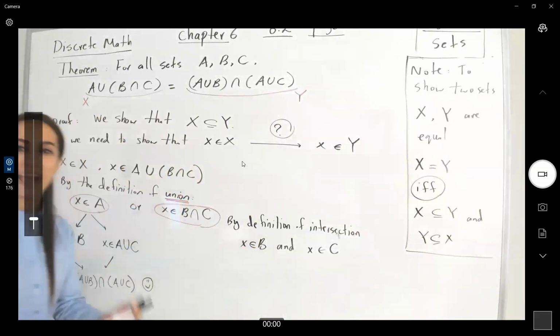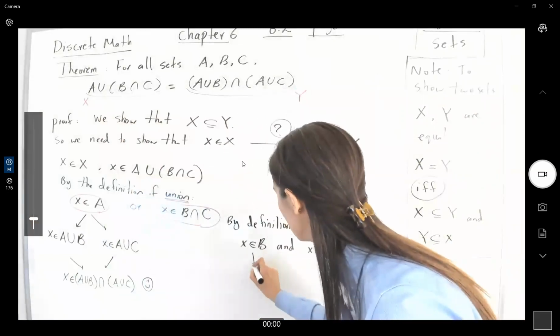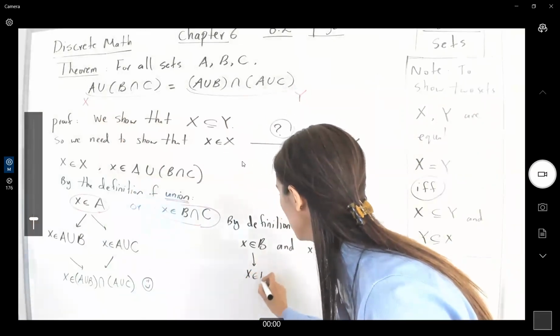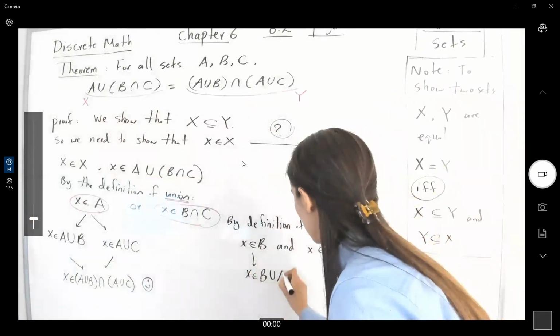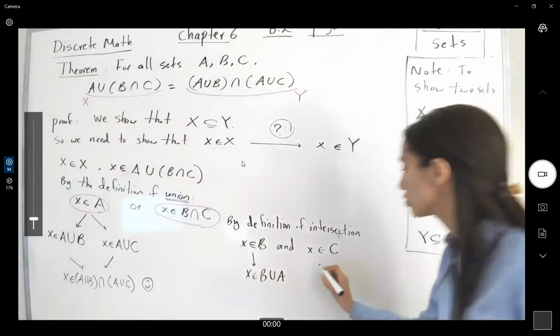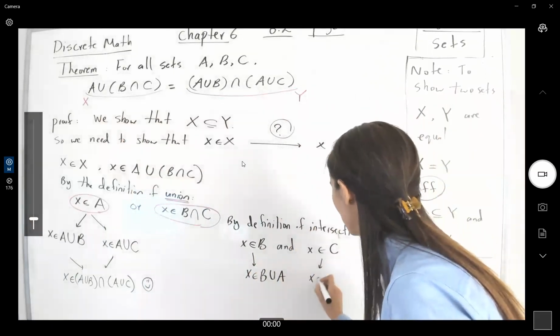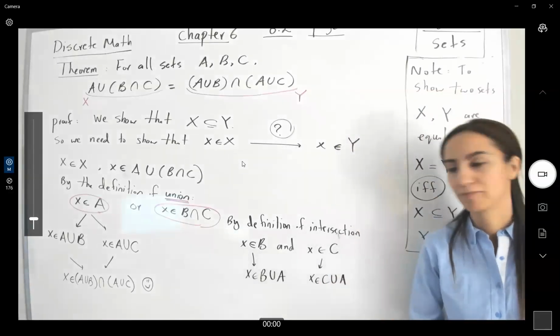It means that x belongs to B union with any other set, like A. x belongs to C. It means that x belongs to C union with any other set, like A.